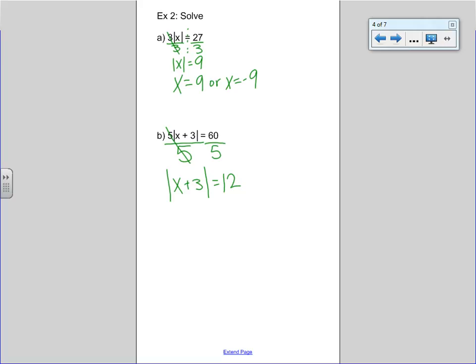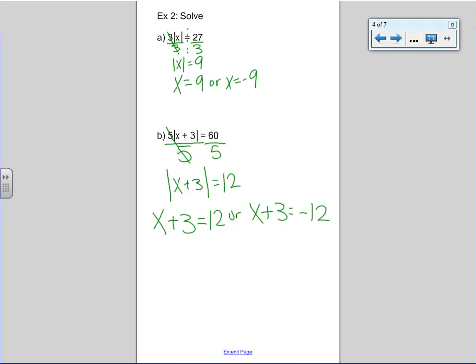There are two numbers that give us the absolute value of 12, and that would be 12 and -12. So I'm going to write x plus 3, dropping those bars, equals 12, or x plus 3 equals -12.